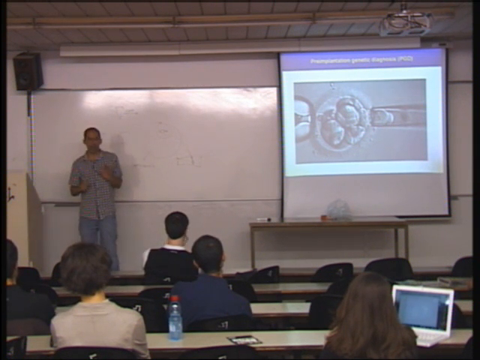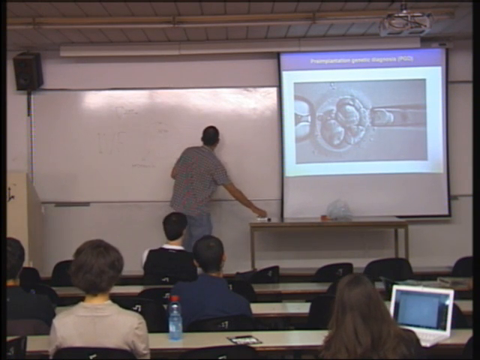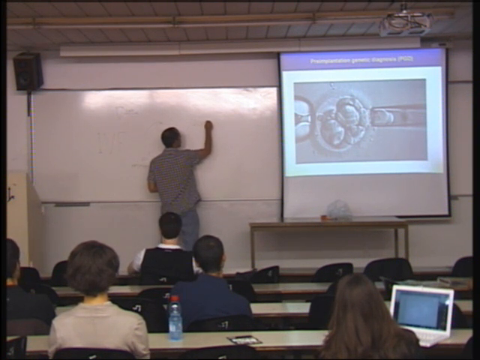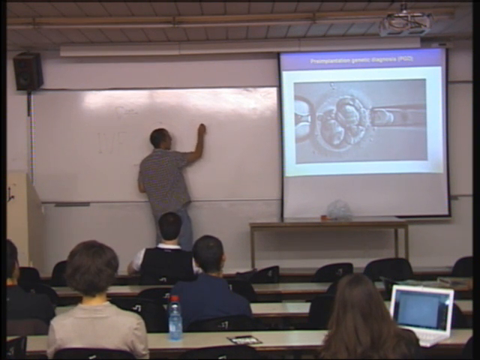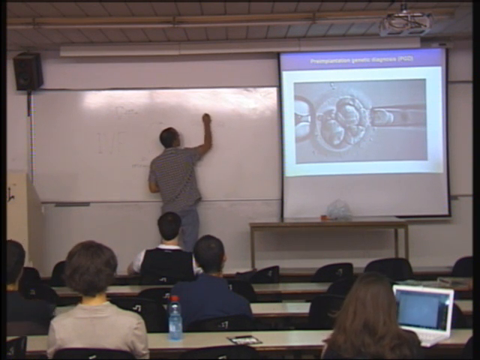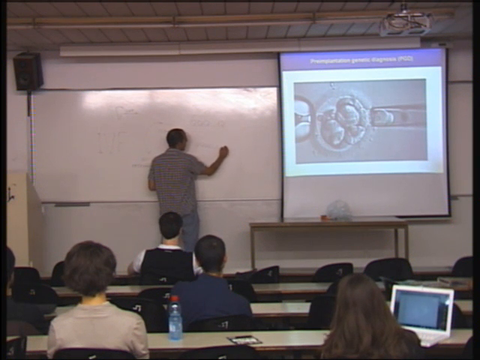gene called Huntingtin. It's a polyglutamine mutation, which means that instead of about 15 glutamines, glutamine is designated as Q, so it's about 15 in healthy individuals, and in the mutated genes you get between 50 and 150.